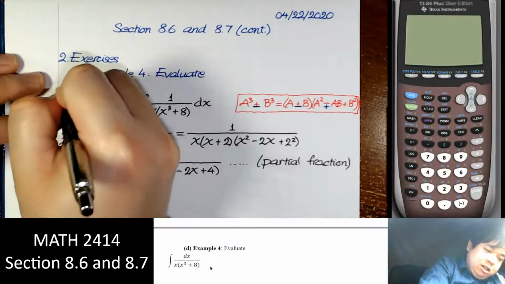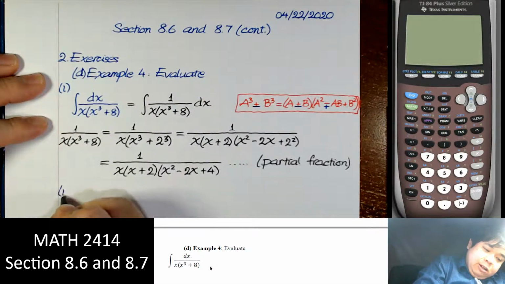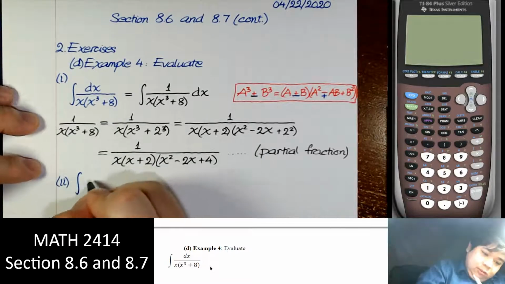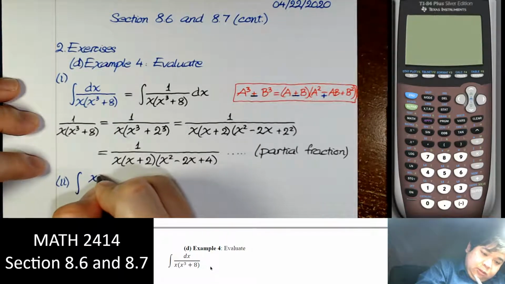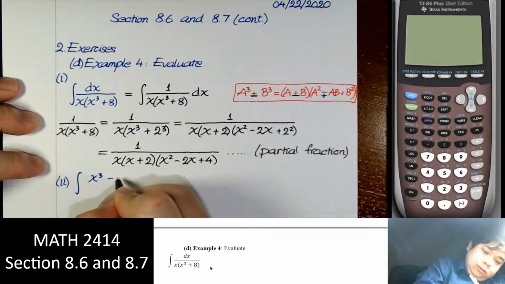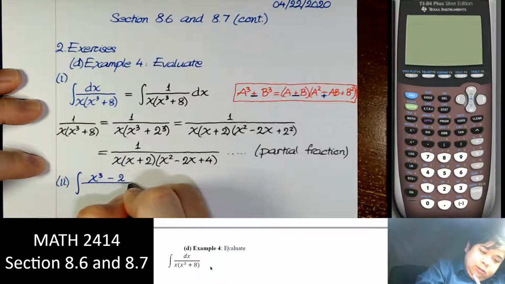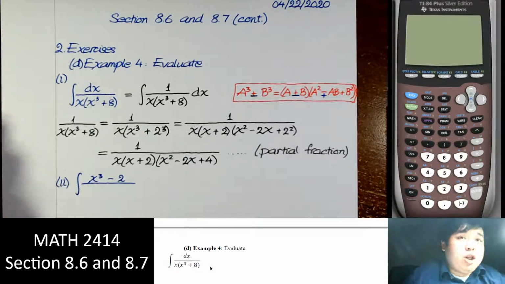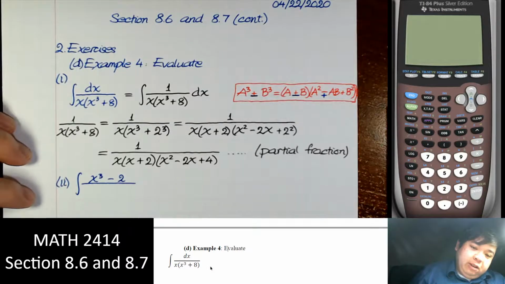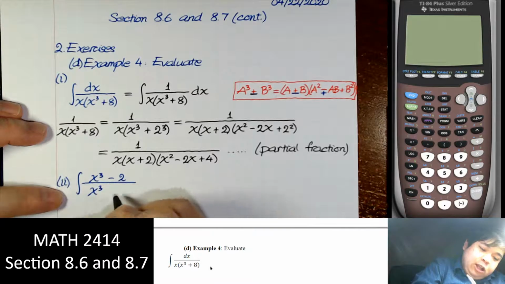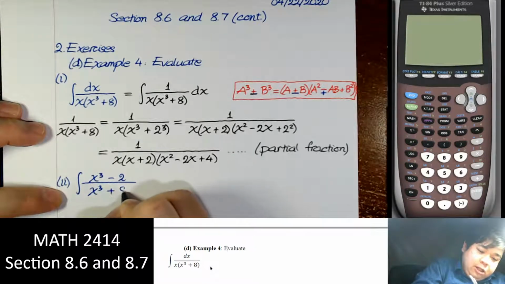Let's say this is the first example. We have x cubed minus 2, and at the bottom we have x cubed plus 8.